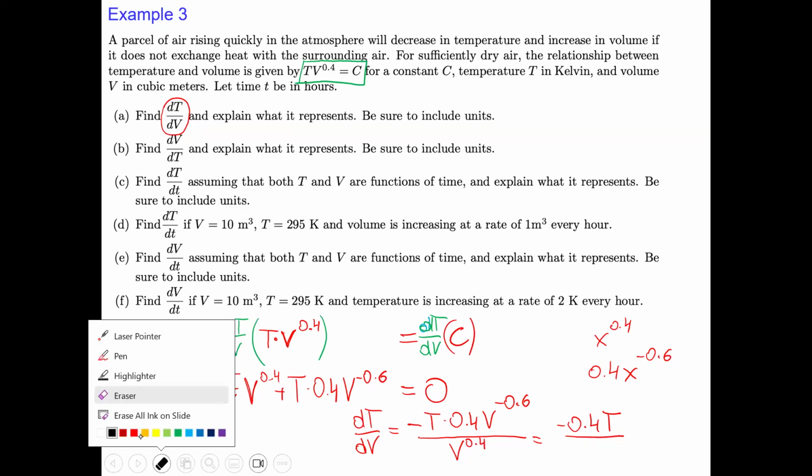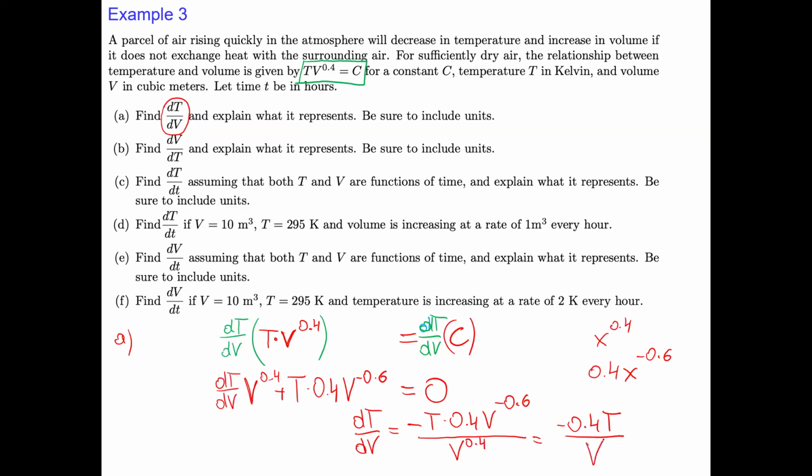Okay, this derivative is negative. It says that when the volume increases, the temperature decreases. That means the rate of change of the temperature with respect to the volume is decreasing.